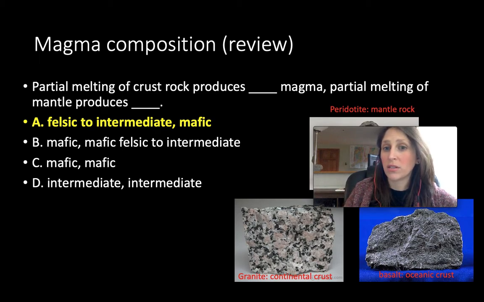You get felsic magma, so you get a magma that's lighter in density. It's more silica-rich. Partial melting of the mantle produces a mafic magma, right? So a direct mantle source will produce more of a mafic-rich rock or magma. Okay, so that's a little bit of review.